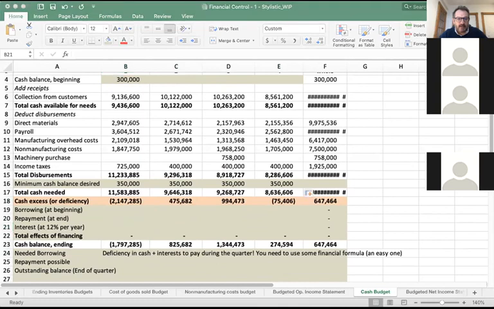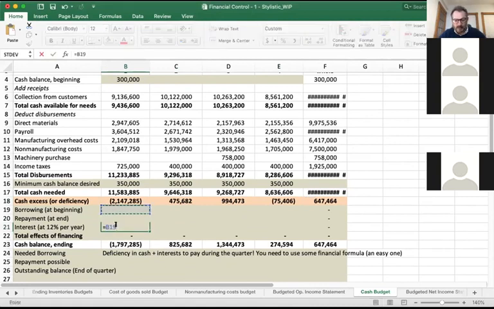So we can say that for 3 months, the interest will be equal to the borrowing times 12% times 3 divided by 12, right? This is the amount of interest we should have.